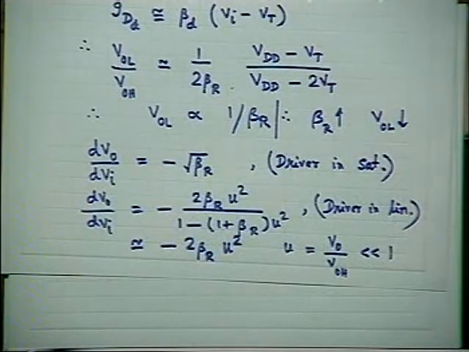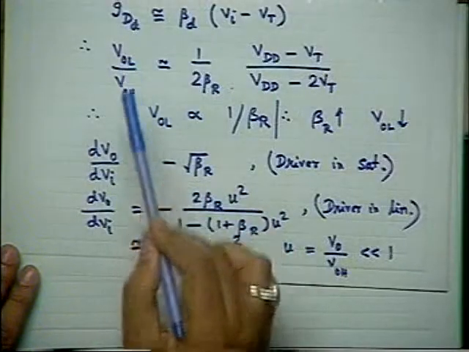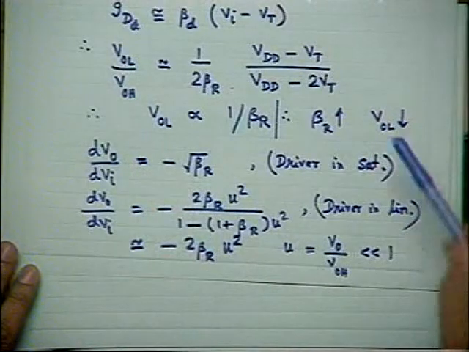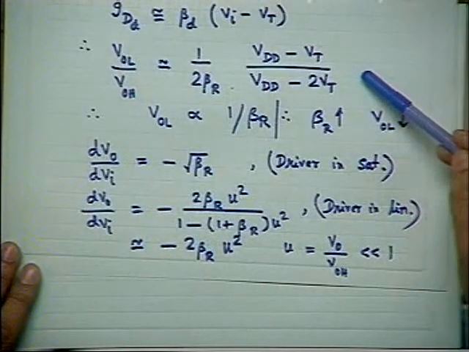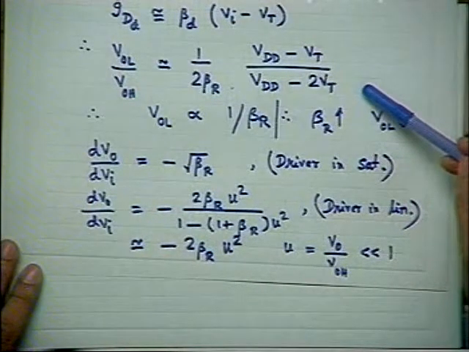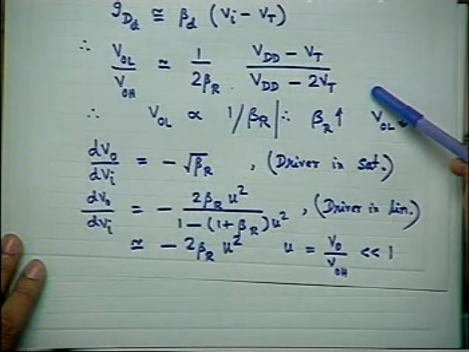So you see that we have observed facts from these equations; there are three in all. This equation says the higher is the value of beta R, the less will be the value of VOL, and therefore the higher will be the logic swing, and more improved will be the noise margin.